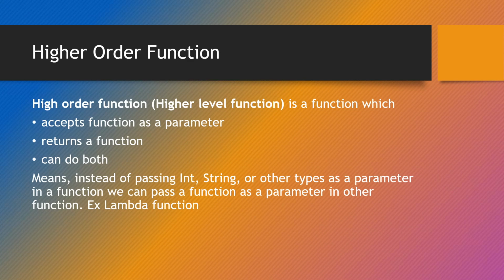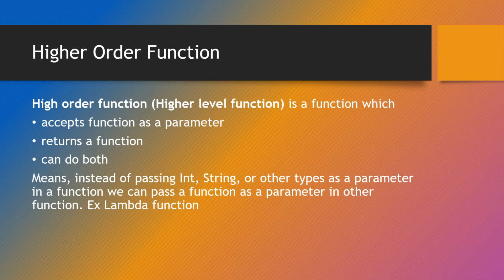Or a function can do both, meaning it accepts a function as a parameter as well as returns a function. So instead of passing integer, string or other types as a parameter, we can pass a function as a parameter in another function. And a Lambda function is a great example of a higher order function.